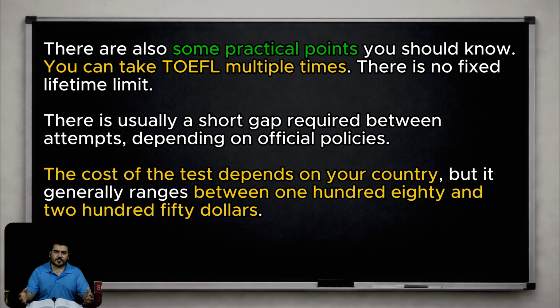There are also some practical points you should know. You can take TOEFL multiple times. There is no fixed lifetime limit. There is usually a short gap required between attempts, depending on official policies. The cost of the test depends on your country, but it generally ranges between $180 and $250.